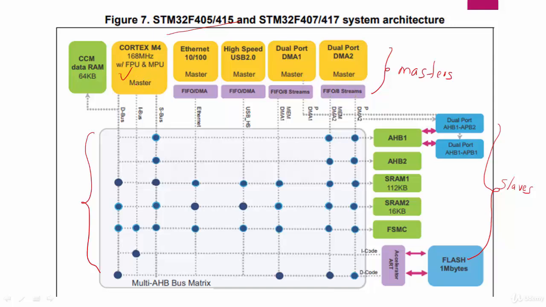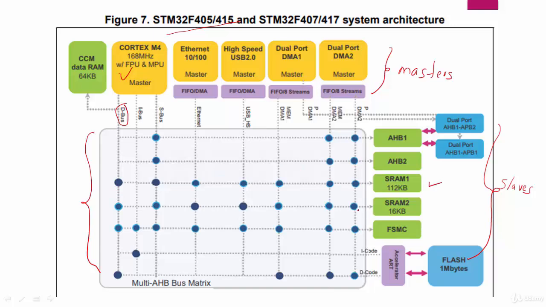Now you know that the Cortex-M processor gives out 3 buses to communicate to the slaves. So let's consider the D bus first. You can see that there are 4 dots mentioned in this line, right? That means the master can use the D bus to communicate to SRAM 1.